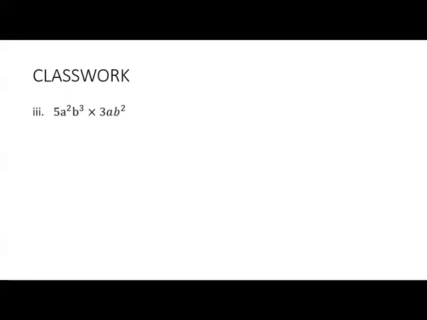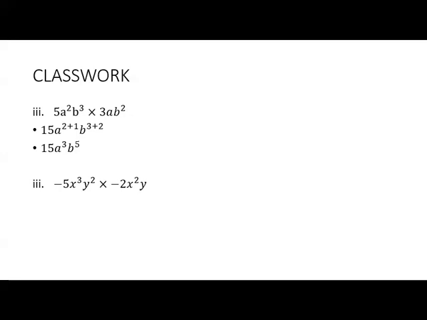What about this one here? 5 times 3 is 15. Then you will have a to the exponent of 3, b to the exponent of 5. This one here, what are you going to get?